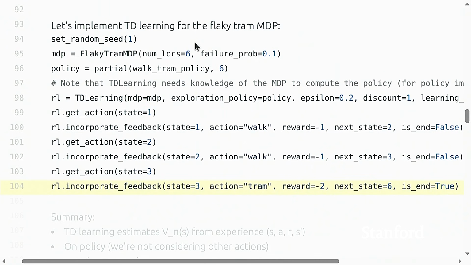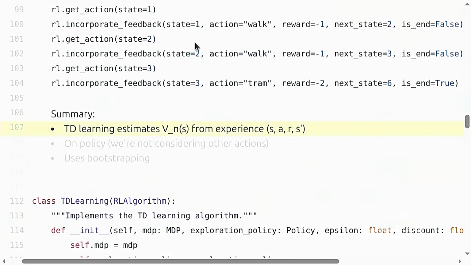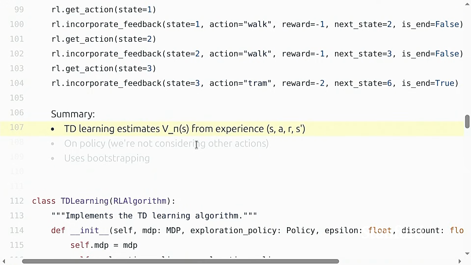To summarize, TD learning estimates v pi from experience. Remember, v pi is the value of a particular state under some policy pi. So this tells me, if I'm following a policy, how good various states are. And it is on policy.